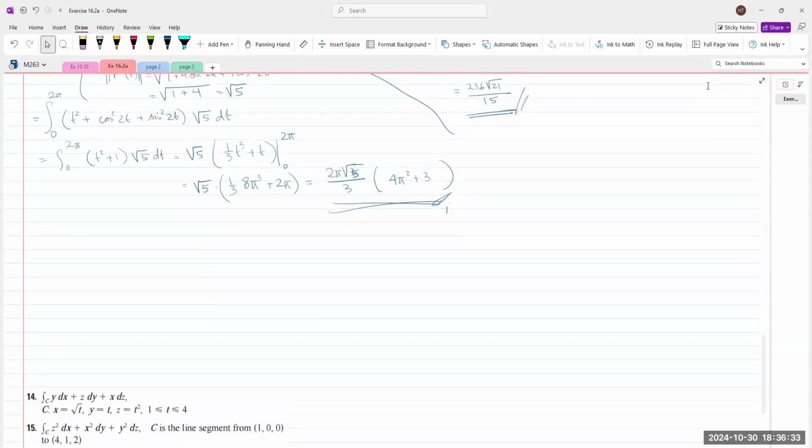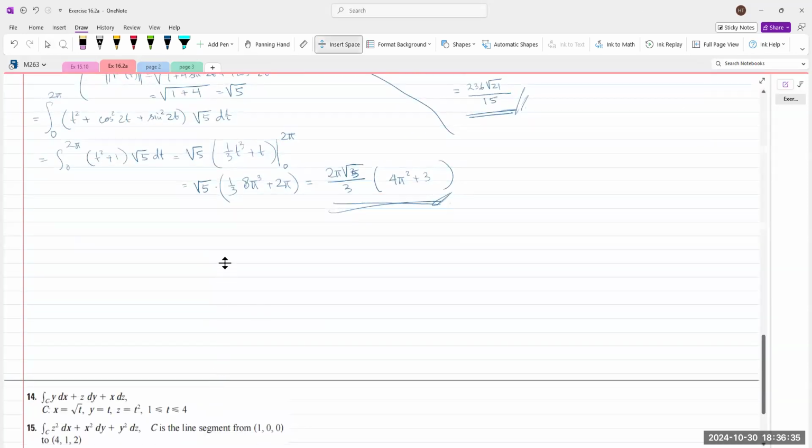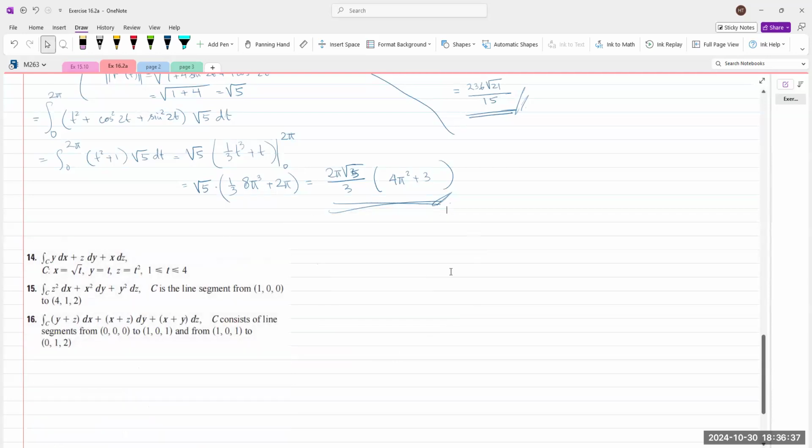Number 14. I hope at this point you already have a feeling on how to work on these kinds of questions. Okay, the integral over curve C of, I will write that as a dot product, the vector (y, z, x) dot dr, which will be r prime dt.